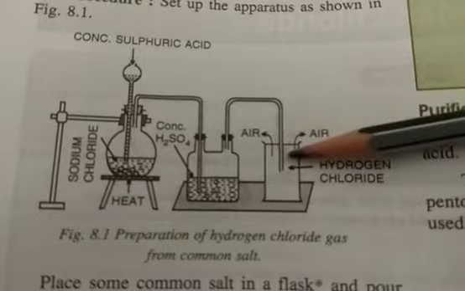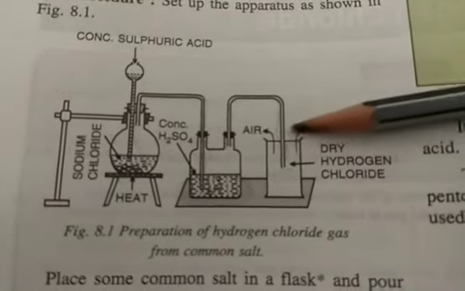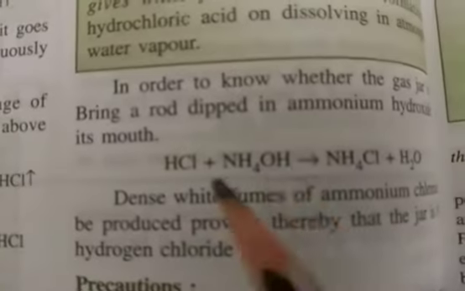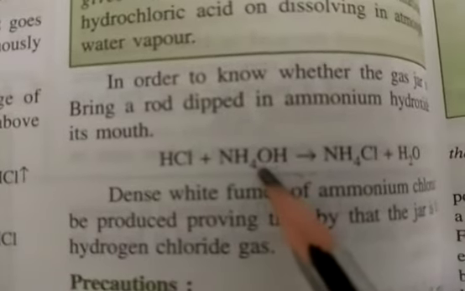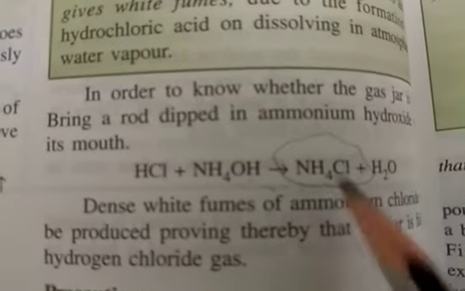Now when HCl comes there, it will react with the ammonium hydroxide and produce white fumes of ammonium chloride. So this is the reaction: ammonium hydroxide reacts with HCl to give dense white fumes of NH4Cl. In this way we will know that this jar is filled with HCl.